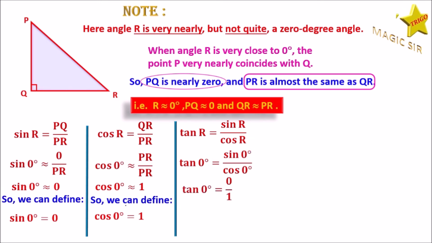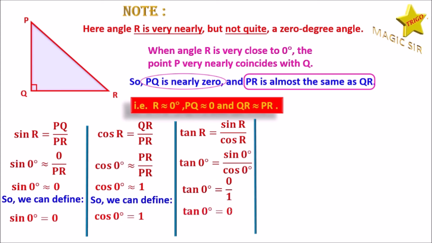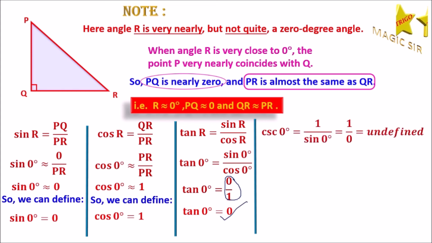So tan 0 degree is equal to 0 upon 1 because we have defined sin 0 degree equal to 0 and cos 0 degree equal to 1. Therefore, tan 0 degree is equal to 0. Hence, we have tan 0 degree is equal to 0.